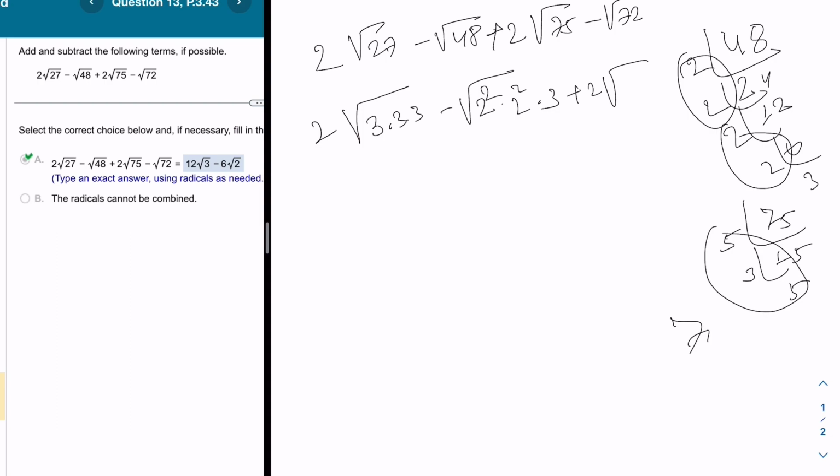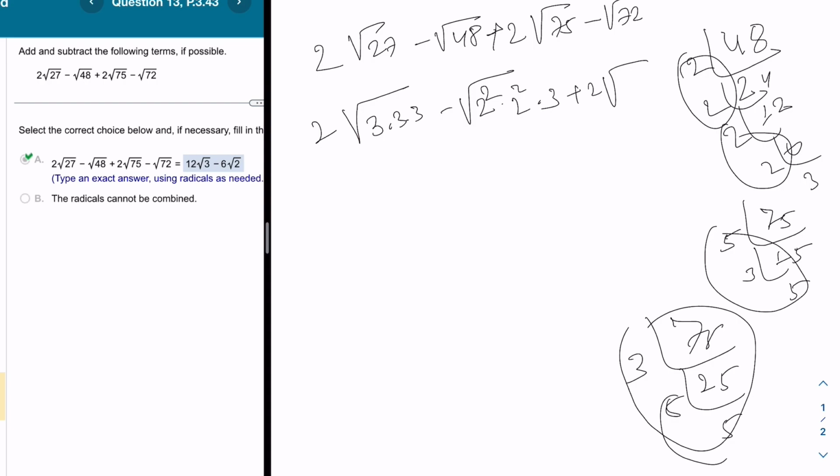By the rule we should go 3 25s, then 5 5s. Look, the answer is almost the same, but the correct method is this. So we have 5 square into 3, 5 square into 3, then we have 72.